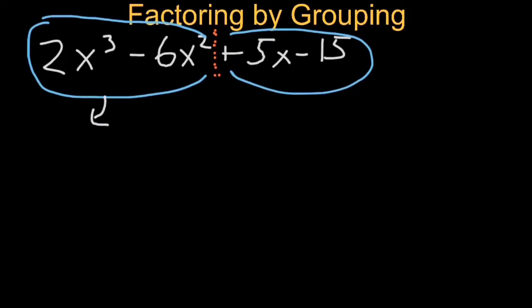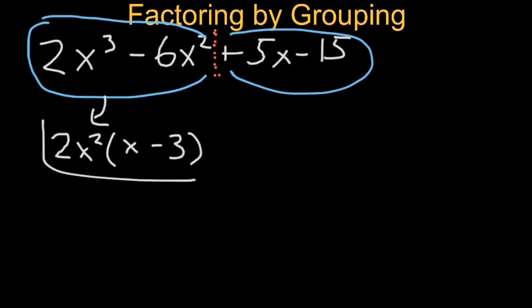What is the greatest common factor here? We can factor out a 2x squared. And when we do that, 2x cubed divided by 2x squared is just x, and negative 6x squared divided by 2x squared is negative 3. So we're left with this as our first part.